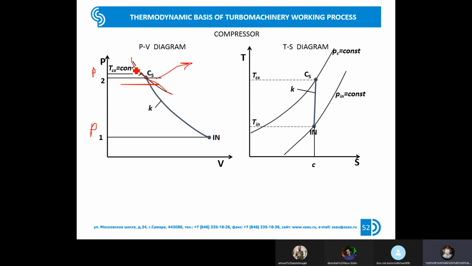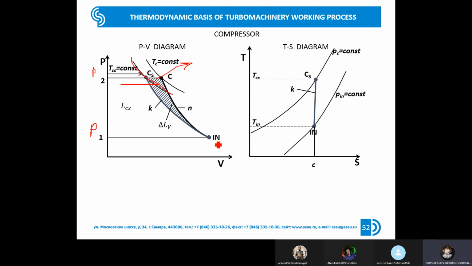Because if you increase the temperature, the isothermic line will be moved up and right. So finally we will receive this line, and the final point of the compression process will be located at the cross section of the isothermic line corresponding to the higher temperature at the end of the real compression, and the line which corresponds to the pressure at the outlet of the compression process.